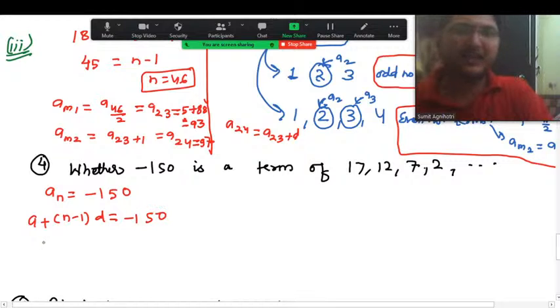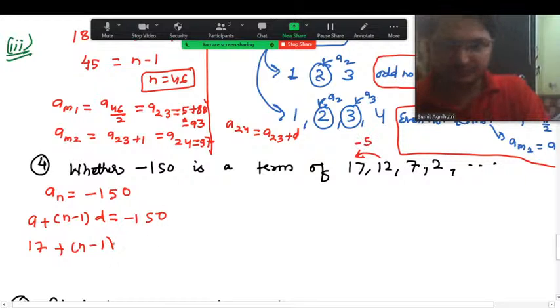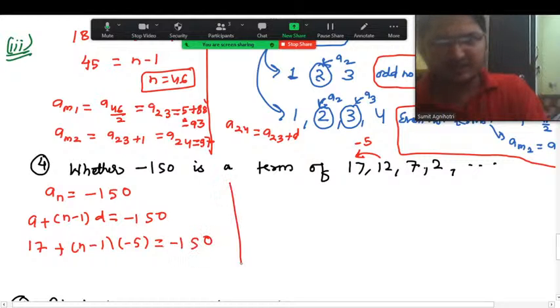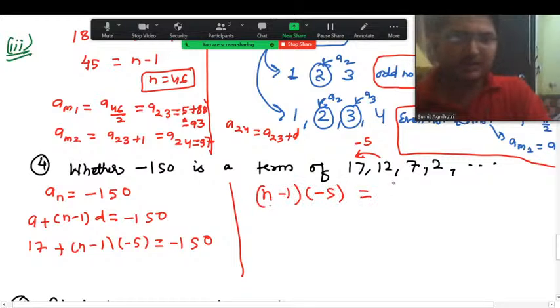If you substitute, a is 17, you want n, d is actually 12 minus 17, that's minus 5. And here minus 150 is the value you are given. Now you can just shift your 17 that side, it will be minus 17, and you will be able to add it, and you will get minus 167.